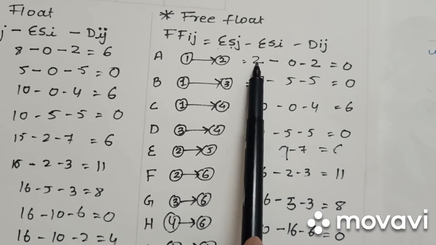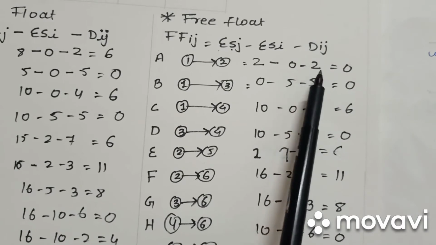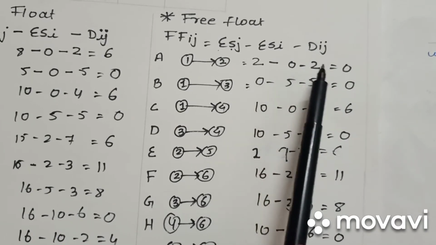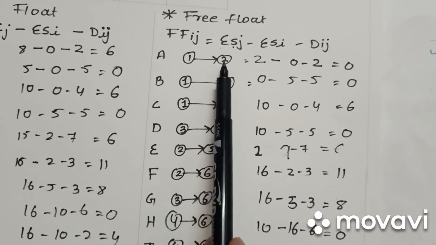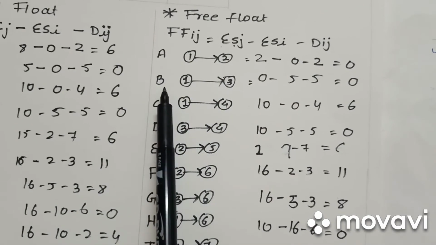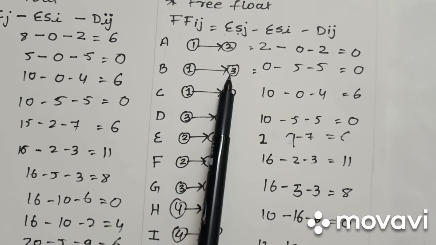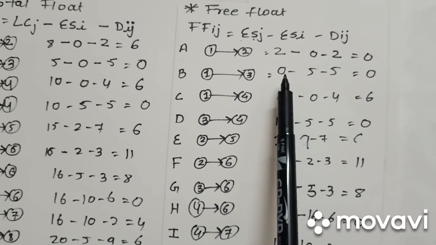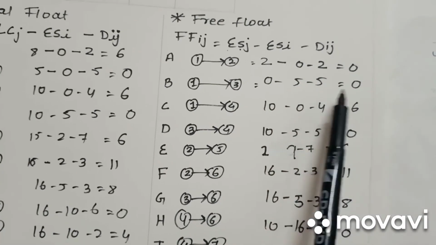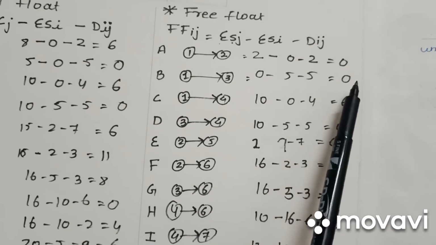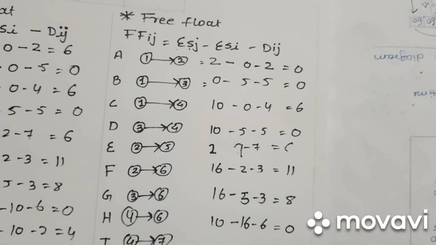So ES of j is 2 and ES of i is 0 and duration is 2. So 2 minus 0 minus 2 is equal to 0. Starting node is 1, ending node is 2 for A activity. For B activity, starting node is 1 and ending node is 3, and the duration and the earliest starting times for start and end. So 0 minus 5 is equal to, we have to find out with the help of the formula for all activities.